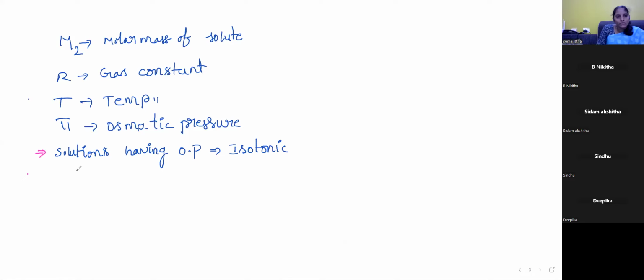How can you identify isotonic solutions? The isotonic solution concentration is 0.9 percent weight by volume. If the solution concentration is 0.9 weight by volume, then that is the isotonic solution.